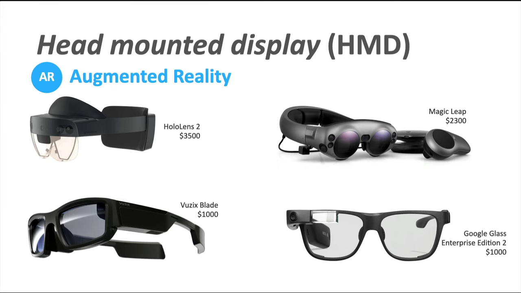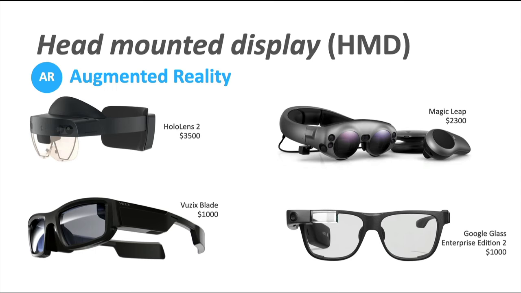Now, for augmented reality, these also use a head-mounted display, and you can see a couple examples here of the HoloLens, the Magic Leap, the Vuzix Blade, and the Google Glass Enterprise Edition 2, with the prices listed there. There is a pretty big price jump when you look at augmented reality, anywhere from $1,000 up to $3,500 with the HoloLens 2.